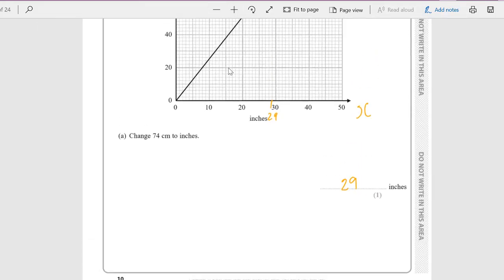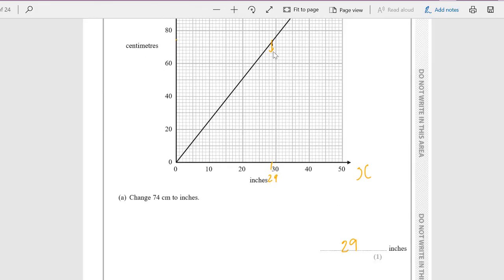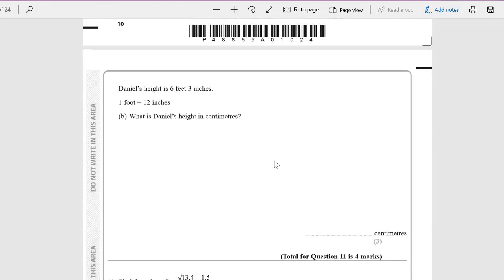So usually you'd have a ruler to make sure that you trace a straight line going from the axis to the line, and then once again from the line to the axis. But just because my lines aren't straight on this, you can just follow the cursor and see that it works.